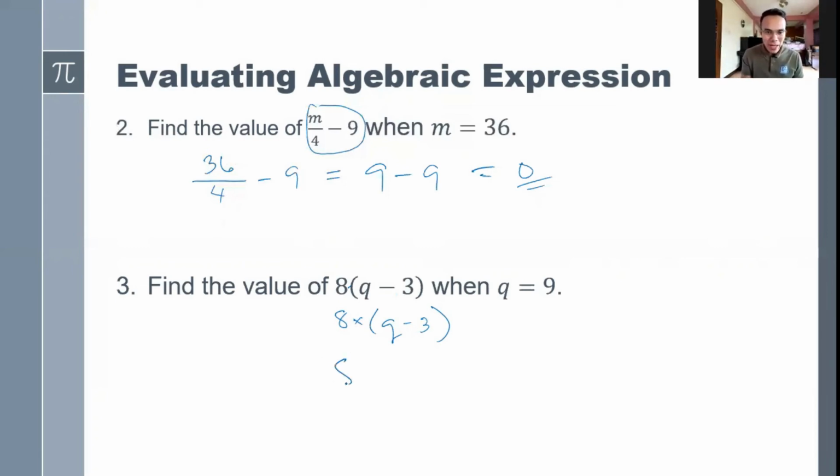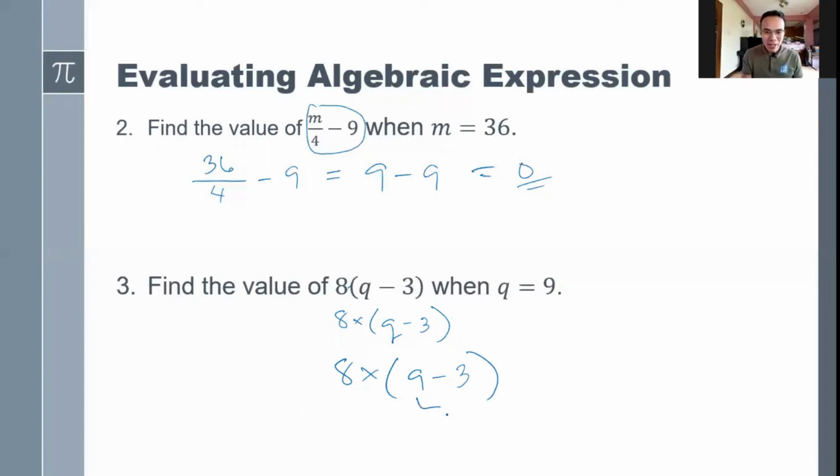So we have here 8 times, replace q with 9, and then simplify. That's why we started our lesson with a review on operations, because that skill in math is very, very important.